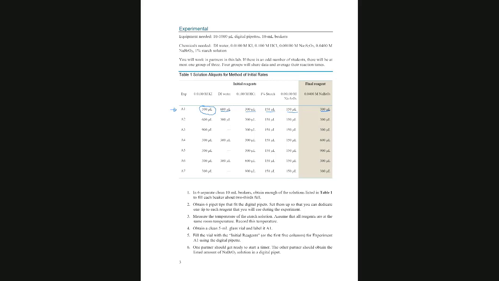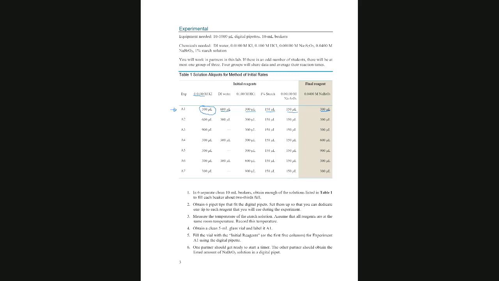So when they ask you, what is the initial concentration of iodine, basically you are making a dilution. You are making a dilution because you added 300 microliters of this concentration, but then you add a lot of water after, a lot of ingredients later, or reagents.